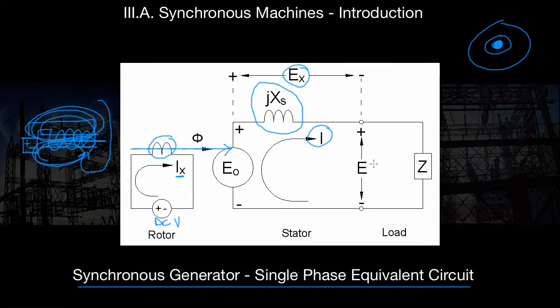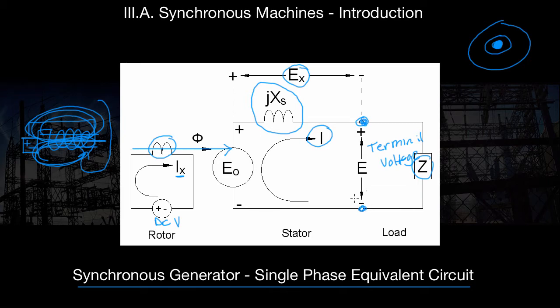Notice here, E, this is what they sometimes refer to as the terminal voltage. It's really just another way to say if we hook up a load Z across the terminals of our generator. Kind of like that.